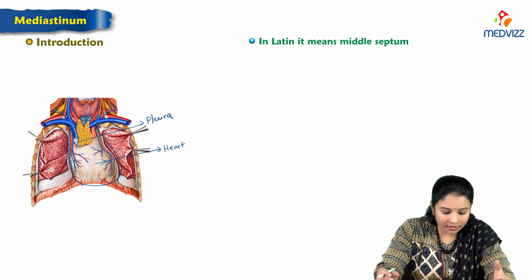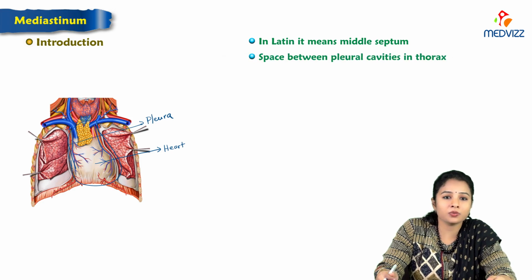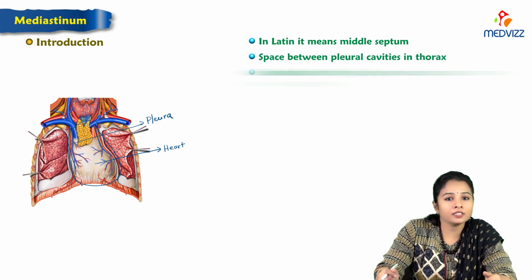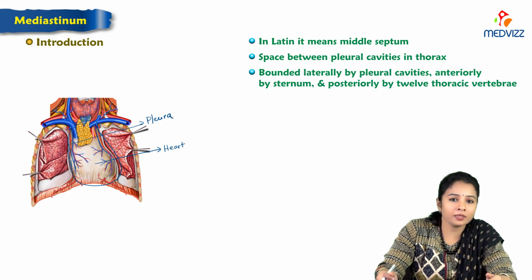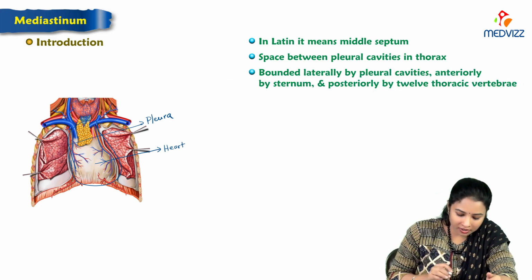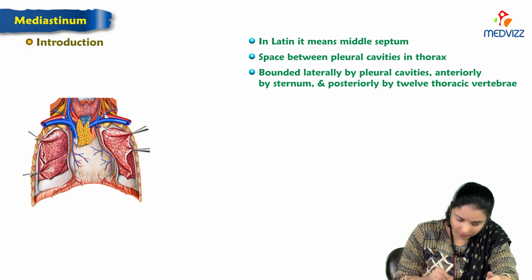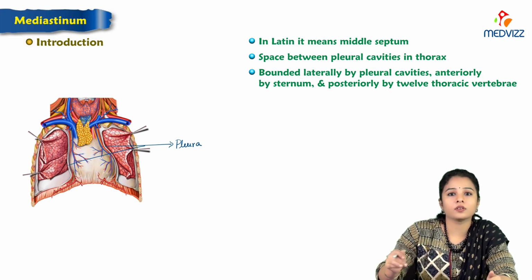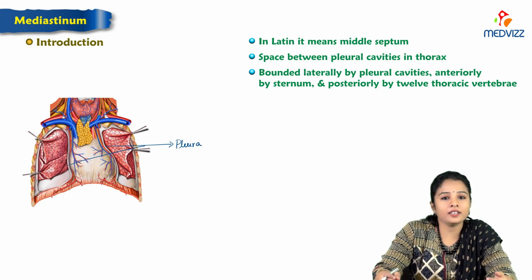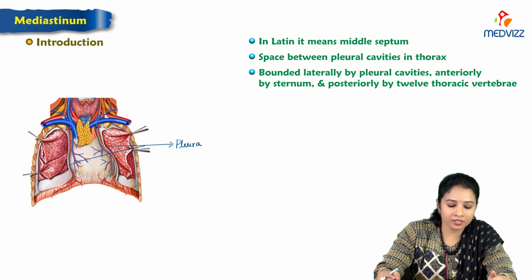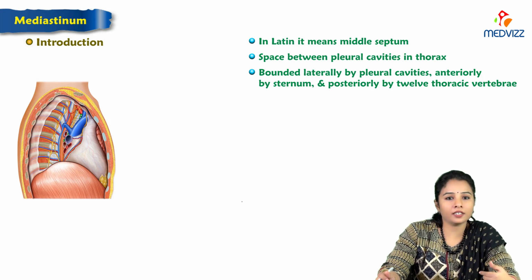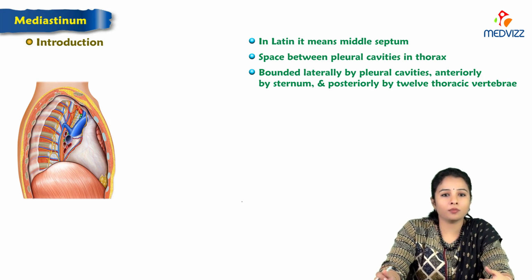I said the mediastinum is the space between two pleural cavities in the thorax, and it is bounded laterally by the pleural cavities. On each side we can see the pleura. Anteriorly it is related to the sternum. This is the lateral view of the mediastinum, where we can appreciate the anterior and posterior boundaries.